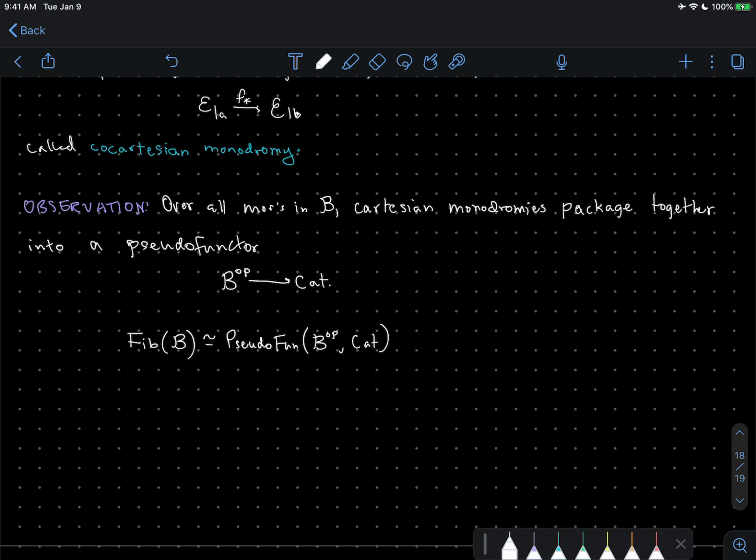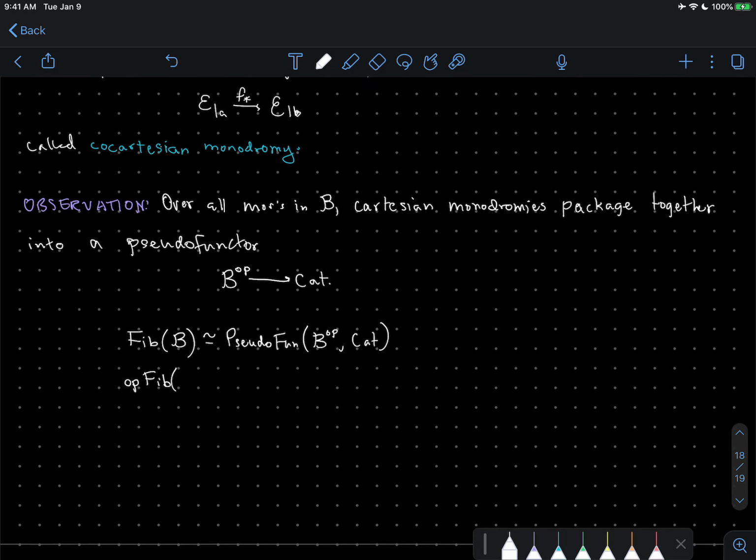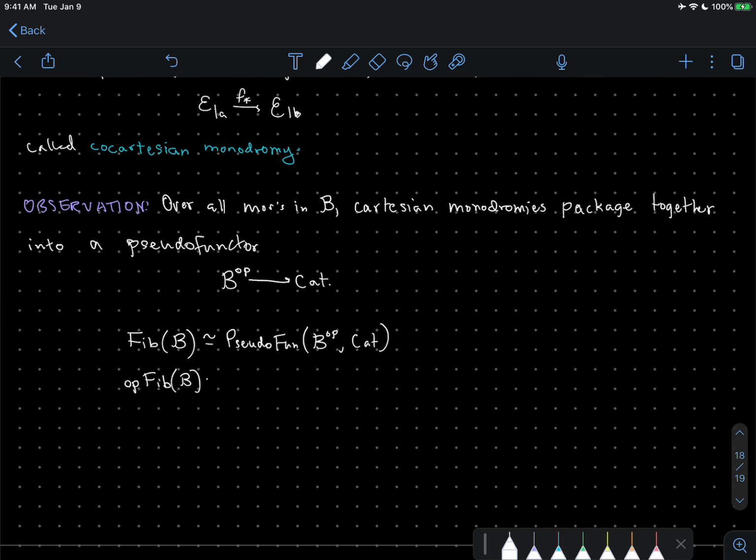And dually, there's an equivalence of categories between op fibrations over B and pseudofunctors, but from B into Cat, the variance changes.